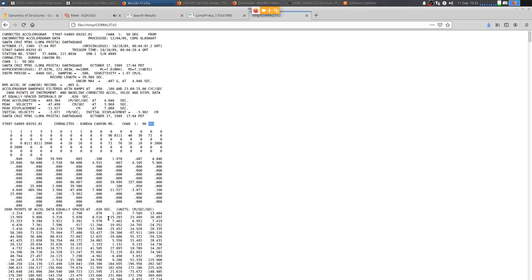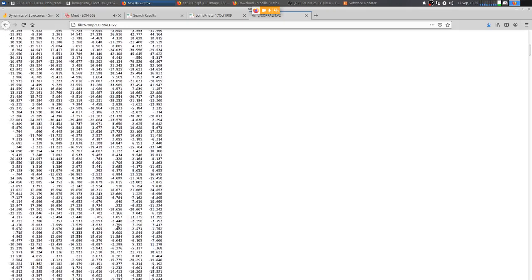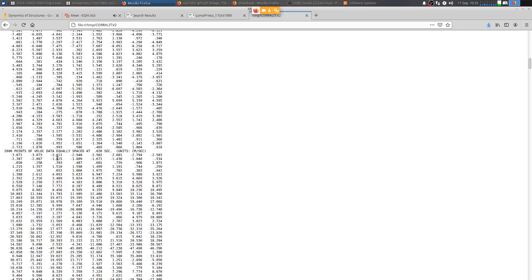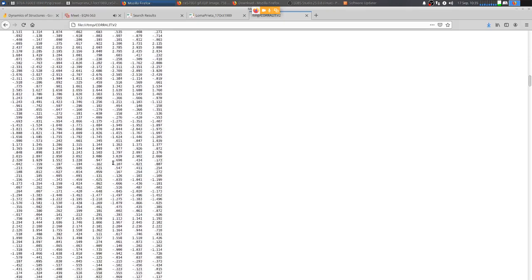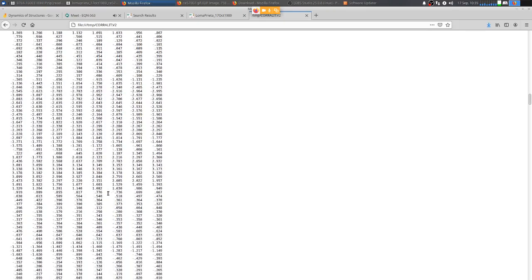and that will comprise your UG double dot, that ground acceleration. Then the velocity trace: after these 2000 data points, you have this velocity data which are equally spaced, 2000 points of velocity data, and below this velocity data there would be the corresponding displacement time history, again at 0.02 seconds, in the units of centimeters.